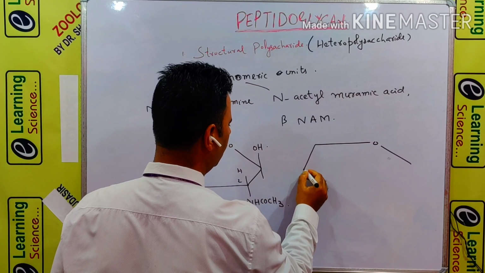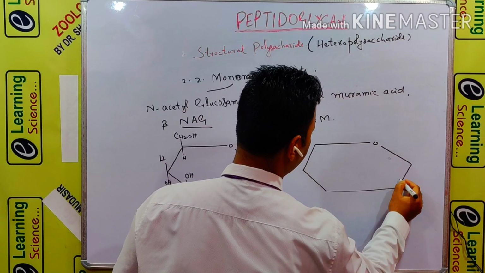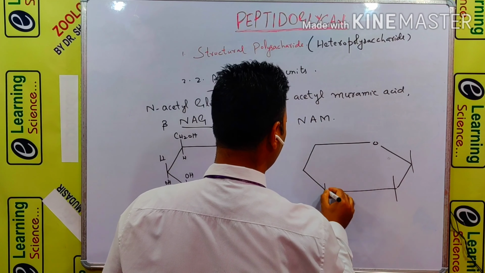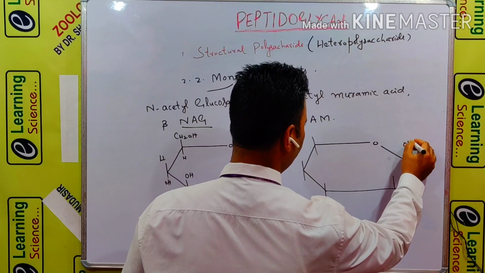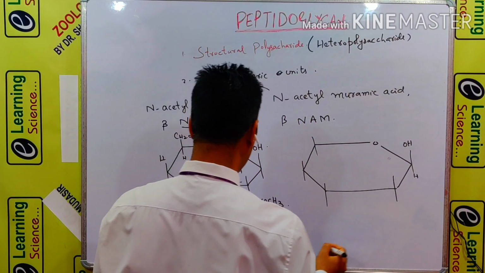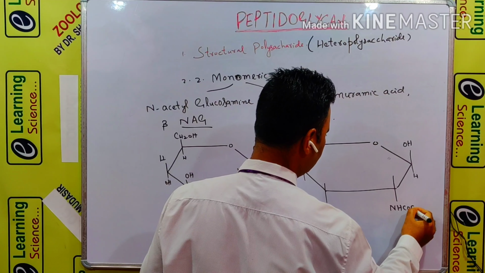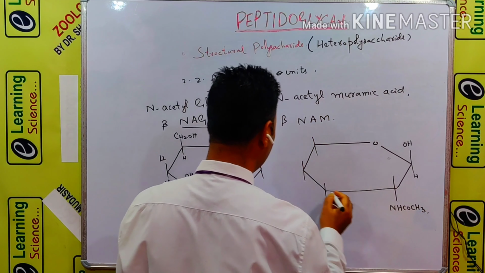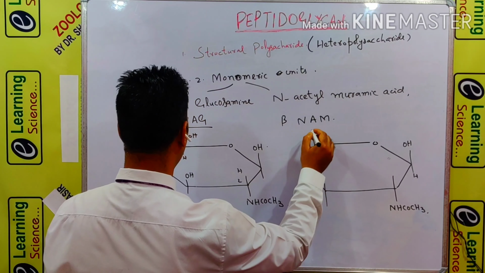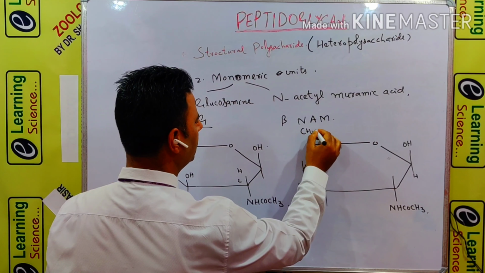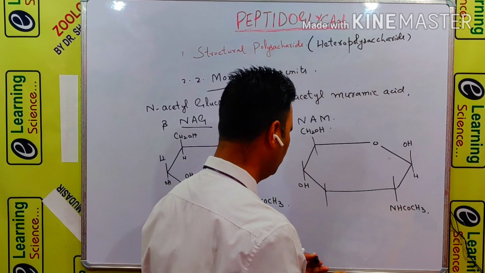When we want to draw N-acetylmuramic acid, we again draw the same structure of N-acetylglucosamine. It is again beta, the OH should be on this side, and it is again N-acetyl, NHCOCH3, no difference. Here we have OH, and here CH2OH.